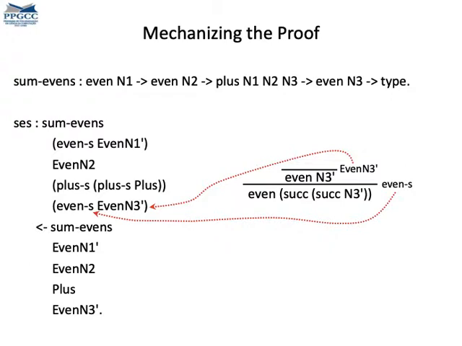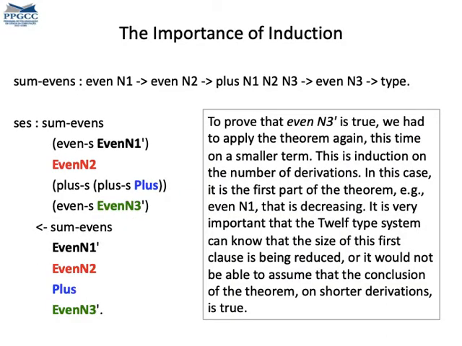So if we apply even s using even any3 prime as a premise, then we prove that suc of any3 prime is even. Notice that to prove that any3 prime was even, we had to apply the theorem again on smaller derivations. I say smaller, meaning that these rules are up in the derivation tree. So you can see the rules being applied inductively on the left.